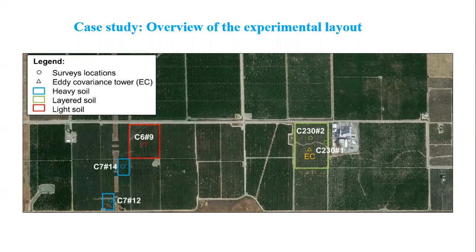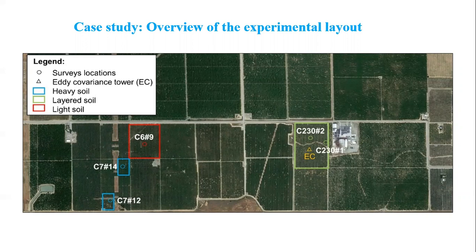To understand how the soil water was changing in the root zone of different soil types and how the trees were responding, we measured electrical resistivity tomography, as well as tree water status measurements. But in the interest of time, I'll not show all those measurements in this presentation.